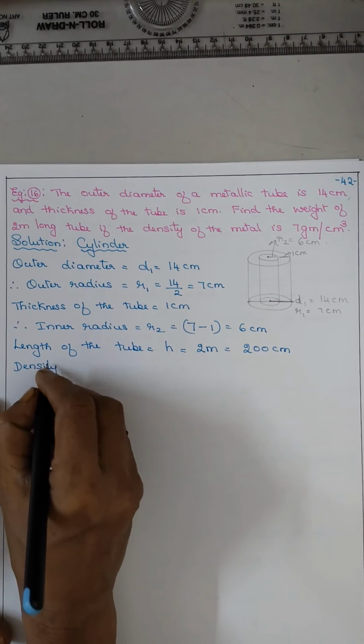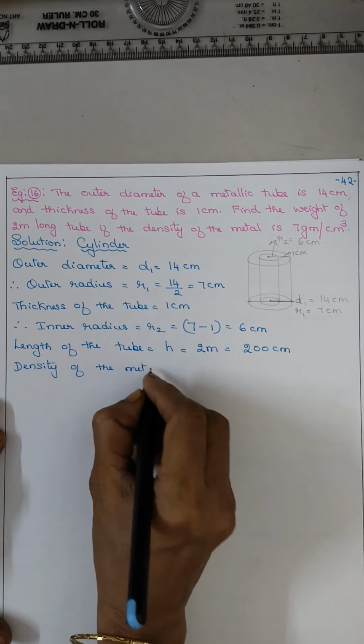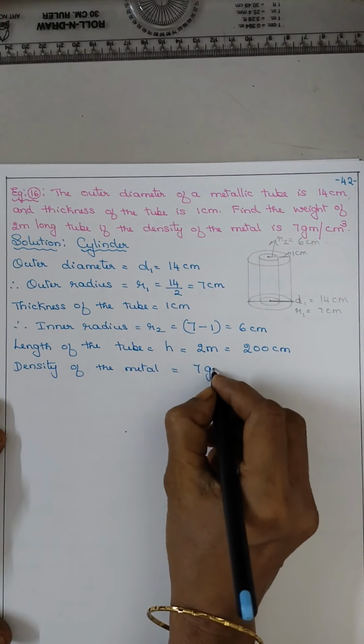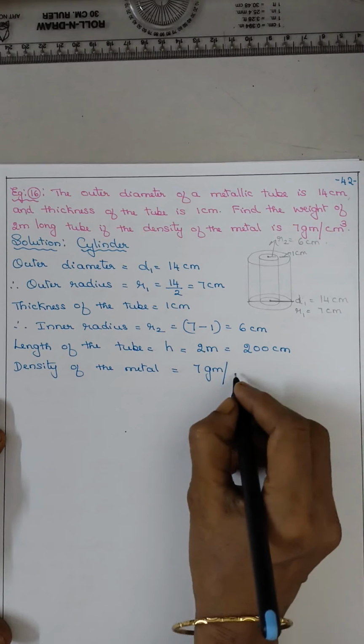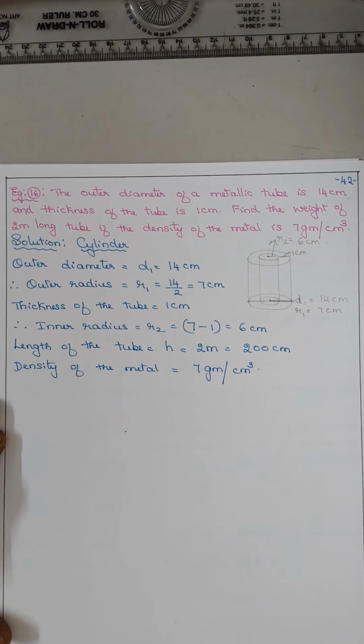Density of the metal is equal to 7 gram per centimeter cube. See, one example and one sum is there in the worksheet, same type, okay? So understand the example now.